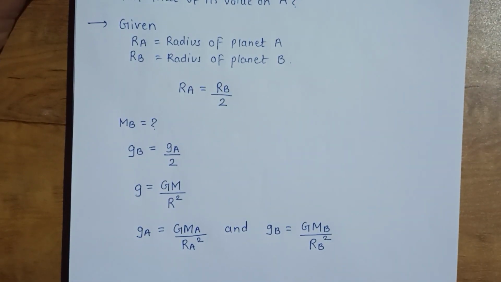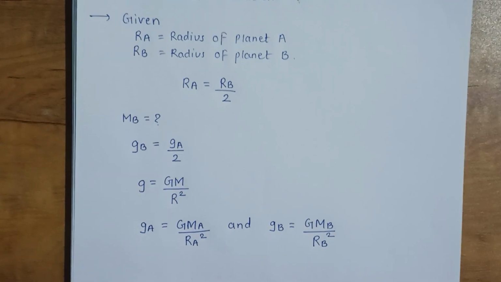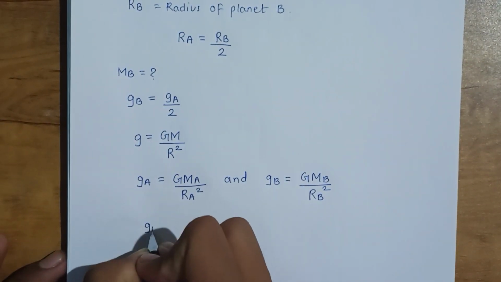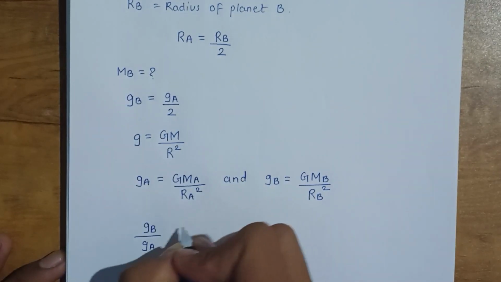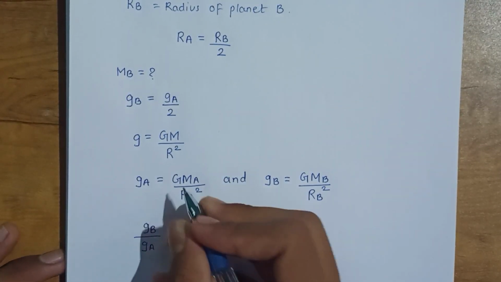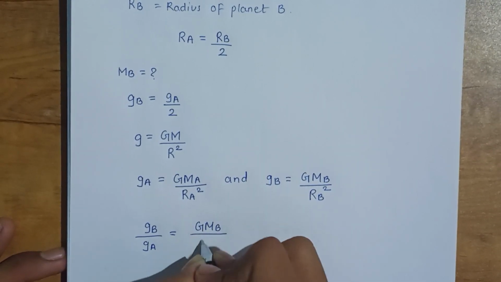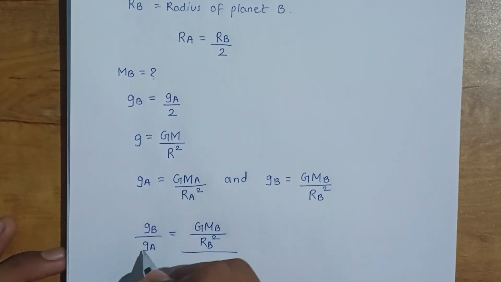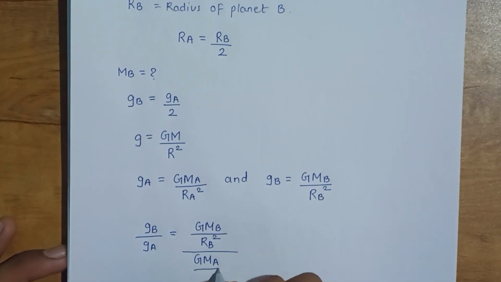Okay, so we have both these values GA and GB. Okay, so we have to find the value of MB. So first we will divide GB by GA so that we will get MB. Equals to the value of GB is GMB by RB square divided by the value of GA, that is GMA divided by RA square.